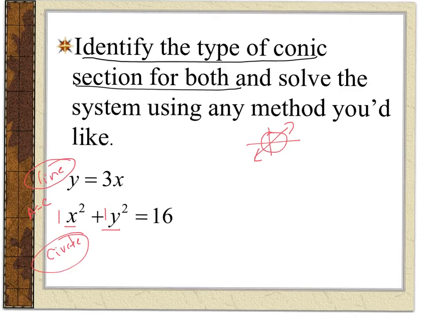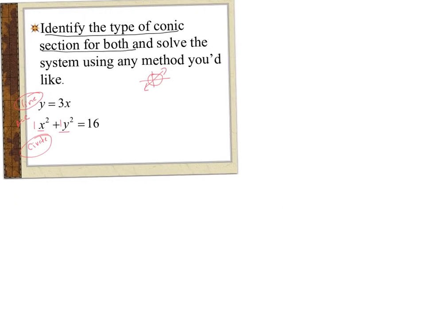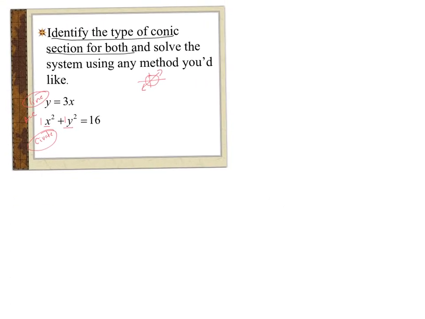So let me go ahead and shrink this real quick, and we can work this problem underneath. Okay? So I'm going to rewrite everything. So I got y is equal to 3x, and x squared plus y squared is equal to 16. We could use elimination or substitution. I'm going to use substitution.